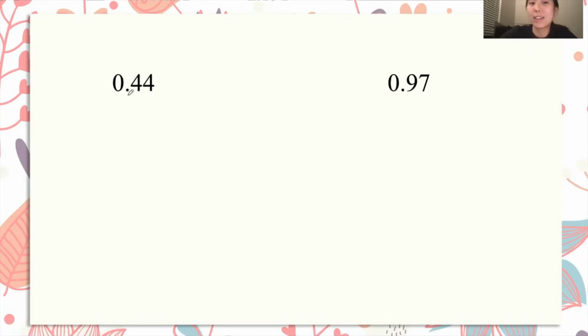Okay, let's take this one. Let's look at 0.44 first. The 0.44, we can call it 44/100. So in fraction, we can write it like 44 out of 100. So we can use our visual models to help.